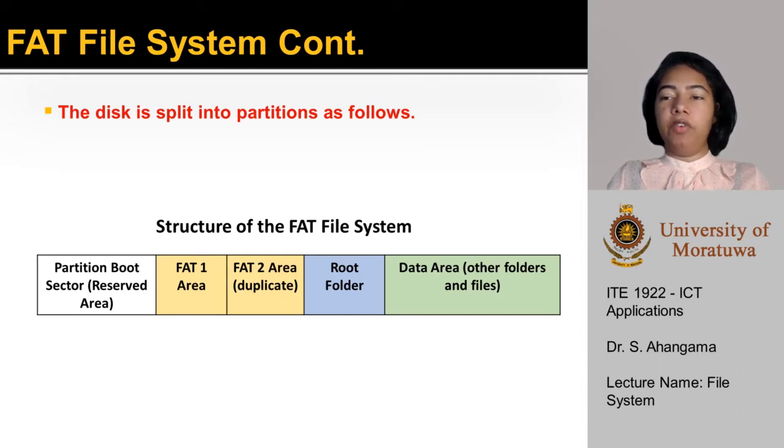Then we have FAT area for the file allocation table. The file allocation table is a collection of block indices that map out blocks on the hard disk. 2 copies of the FAT are kept to protect the volume in case one becomes damaged.